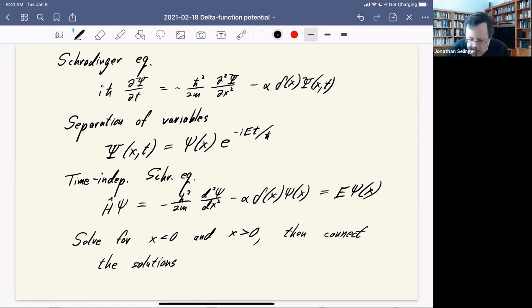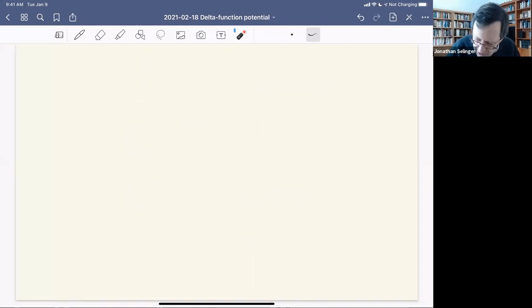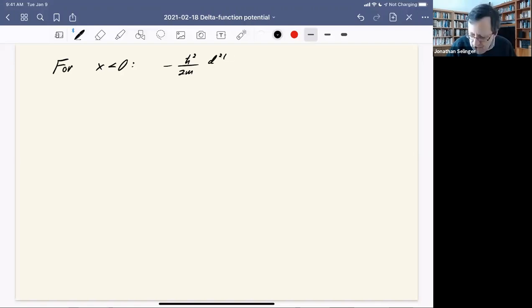Okay, so let's first just think about how to solve it in the two domains of x negative and x positive. Okay, so in those two domains, we could say for x negative, we have the delta function is 0. So it's just minus h bar squared over 2m, the second derivative of psi with respect to x is equal to E psi.